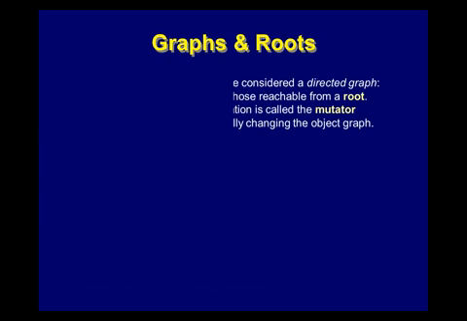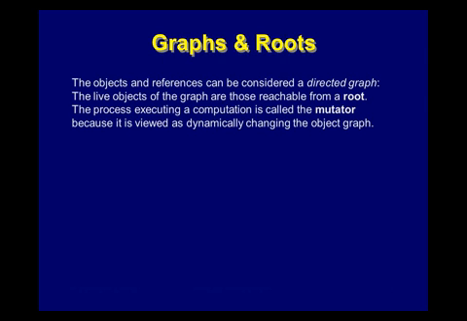Now next is the graphs. The objects and the references can be considered as a directed graph. In the last class we also studied what a directed graph is and what a root is. So every object and every reference can be considered as a directed graph. The live objects of the graph are those that are reachable from the root.